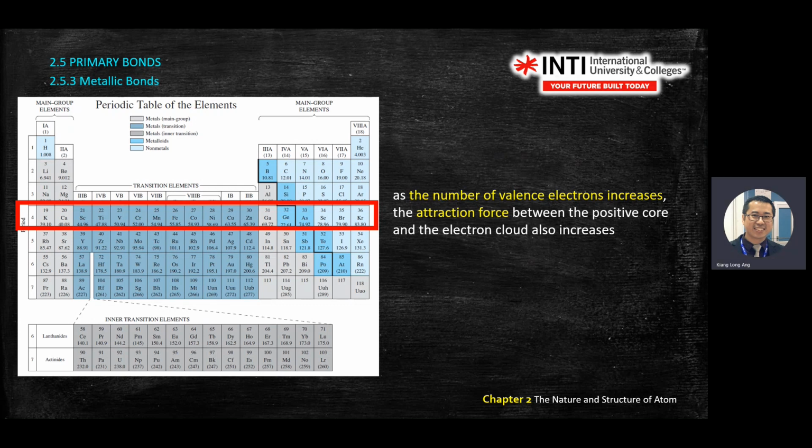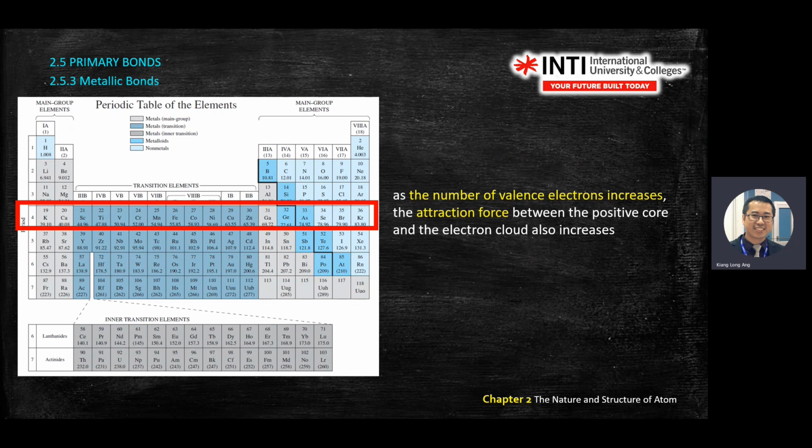So as the number of valence electrons increases, you know that this family here, group 1, has 1 electron outside. This one has 2 electrons outside, and so on. This one 3, 4, 5, 6. And this transition one, you know that is a very special category where there is a D suborbital there.